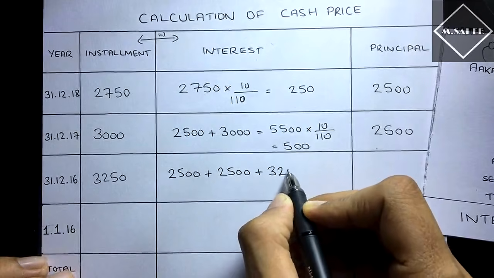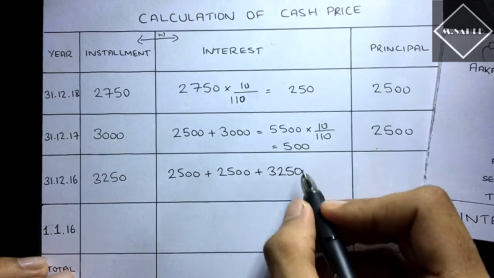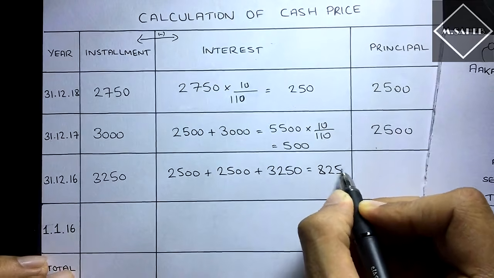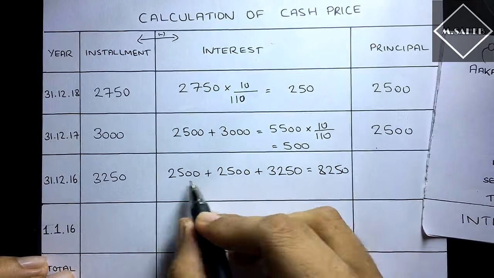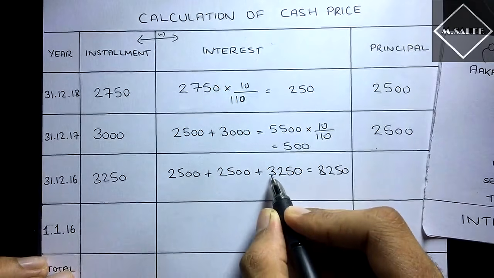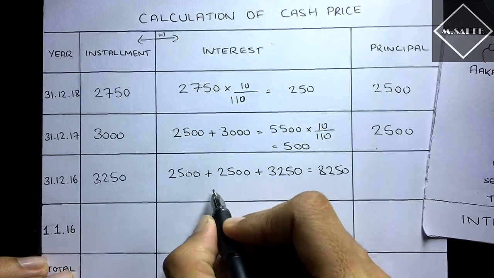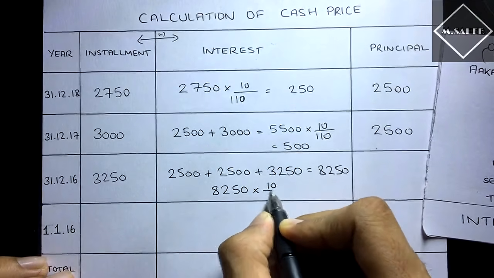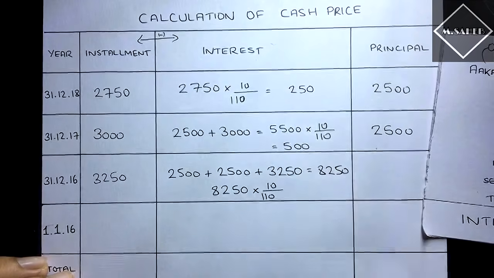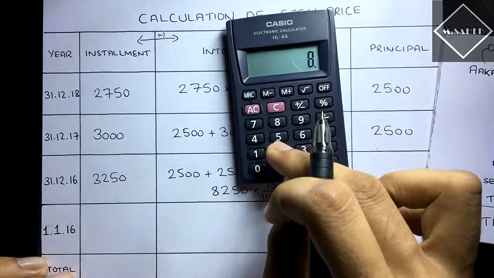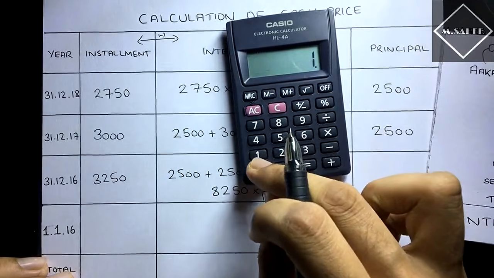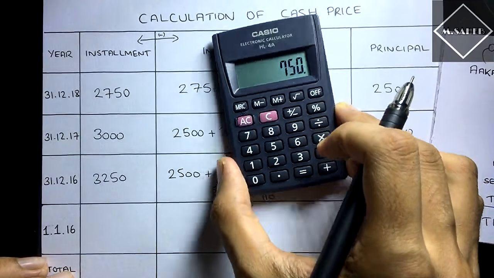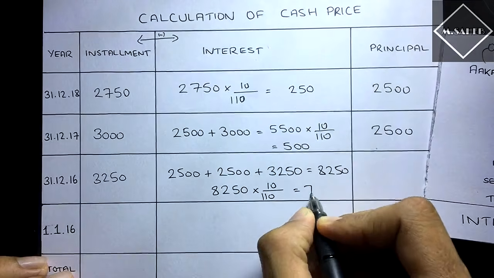So 3250, how much is it? 2500 plus 2500 plus 3250 is equal to 8250. Now on this 8250 you have to calculate the interest, that is 10 divided by 110, which is equal to 8250 into 10 divided by 110, which is equal to 750 rupees. So the interest is 750.